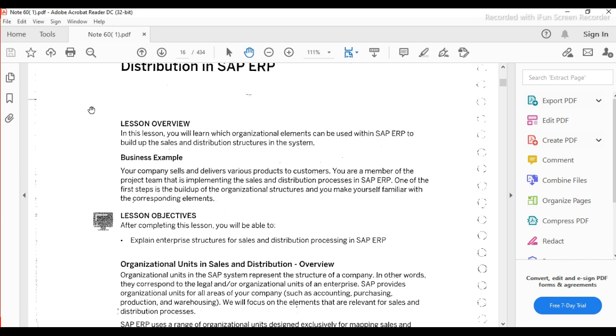Your company sells and delivers various products to the customer. You are a member of the project team that is implementing the sales and distribution process in SAP ERP. One of the first steps is to build up the organizational structures, and you make yourself familiar with the corresponding elements. This is the complete business example.